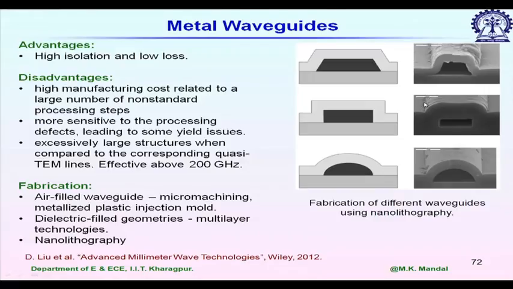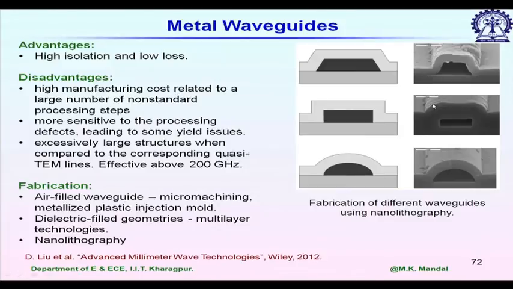The main advantage is its lowest loss, and why is it above 200 gigahertz? Because of its dimension. Below 200 gigahertz, it is so heavy, so big that we can't use it as an interconnect inside a chip. So, here are some examples of such waveguide structures, and on the right side figure you can see.